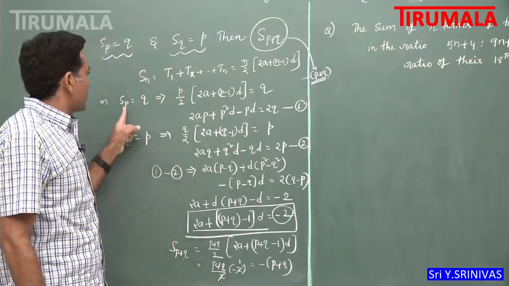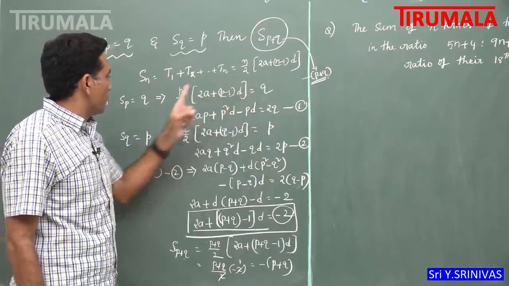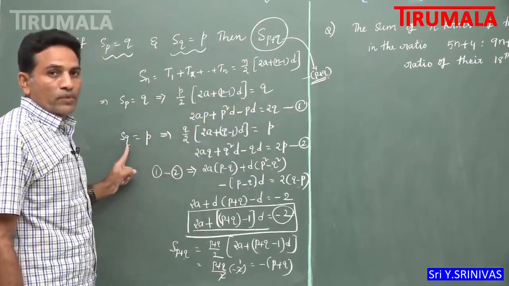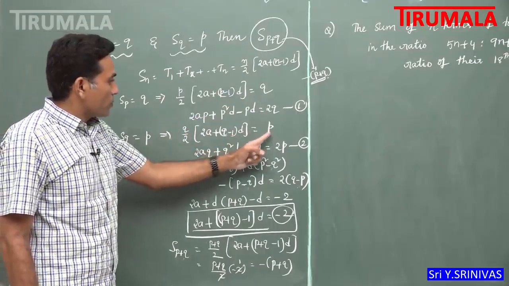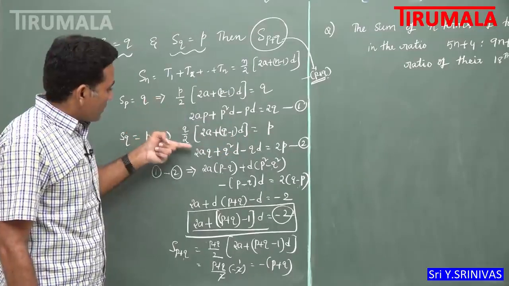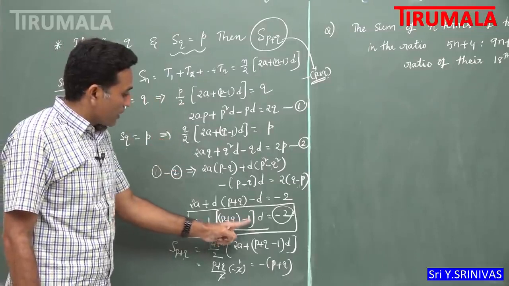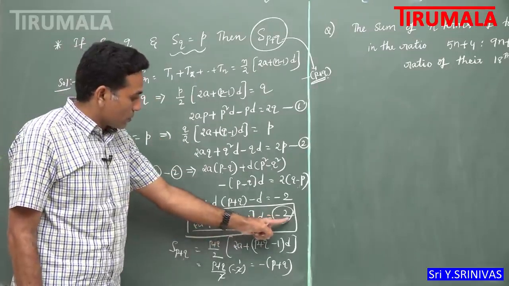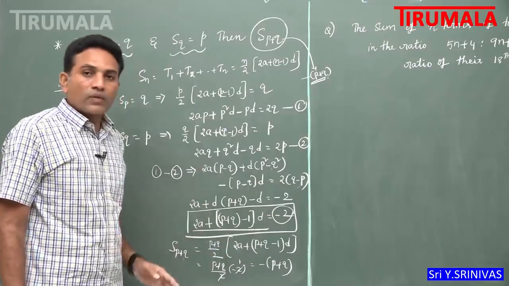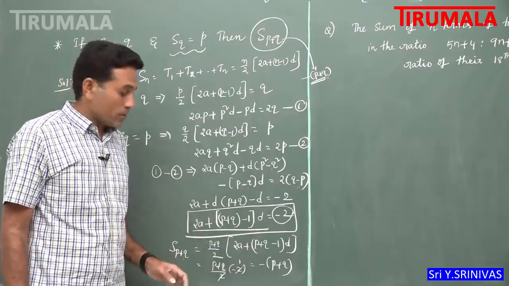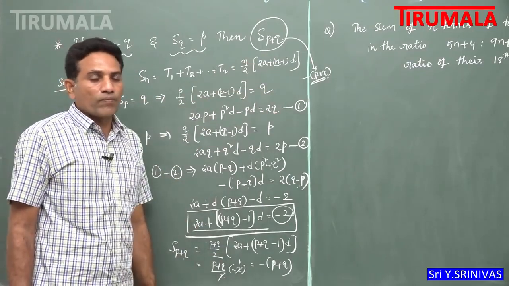Sum of P terms is P by 2, 2a plus P minus 1 into d equals Q. Sum of Q terms is Q by 2, 2a plus Q minus 1 into d equals P. Subtracting 1 and 2, we get 2a plus P plus Q minus 1 into d equals minus 2. We use this result in the required sum of P plus Q terms, which is minus of P plus Q.